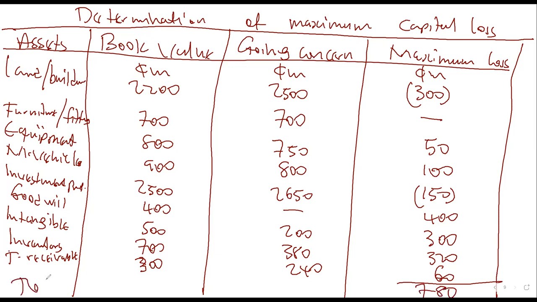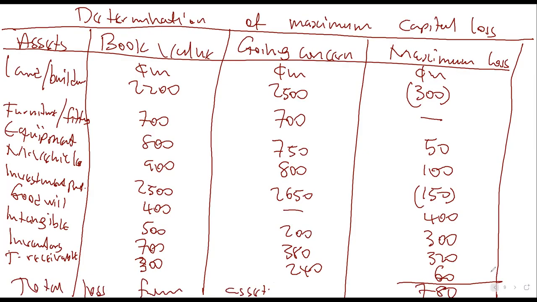It is called total loss from asset, 780. Then you proceed to the next line to do losses from equity. So let's go to the equity, the balance sheet, to bring back losses from equity. And then that is all.